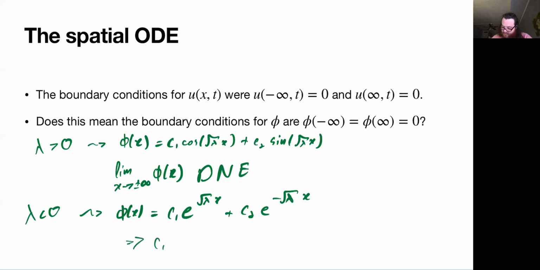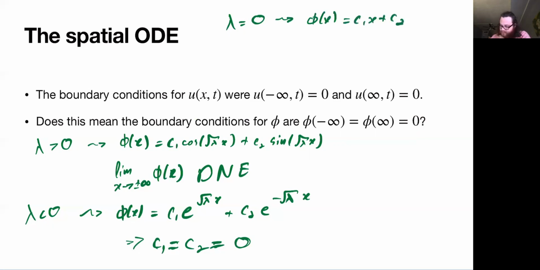So right here, C1, C2 is 0 based on these boundary conditions. Likewise, up here, if lambda is 0, then phi of x is going to be C1x plus C2.